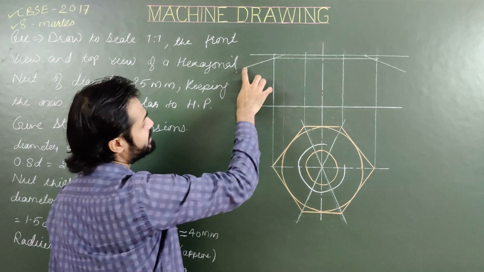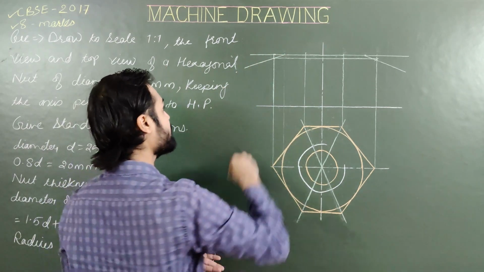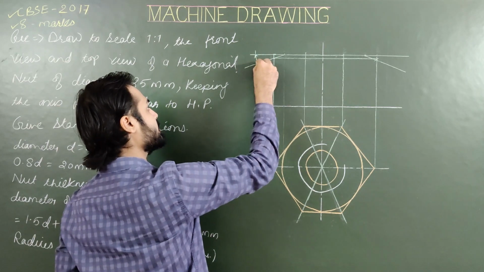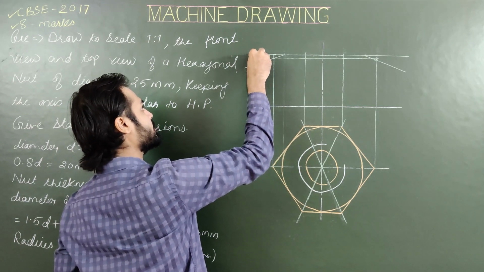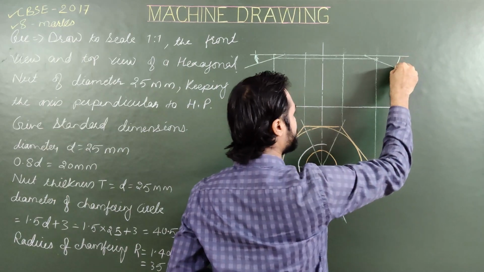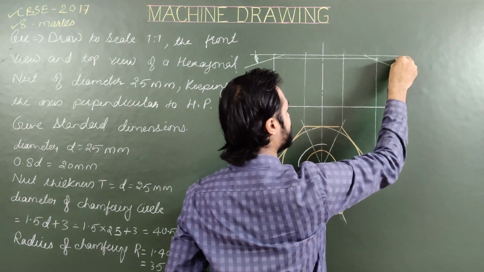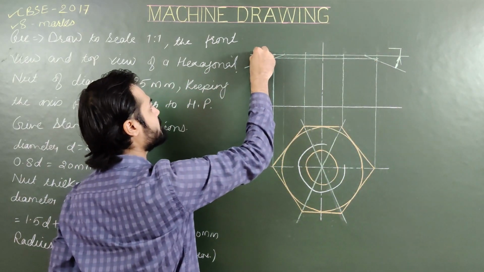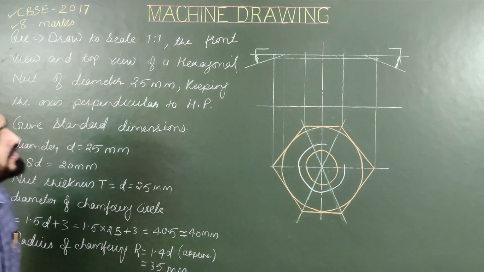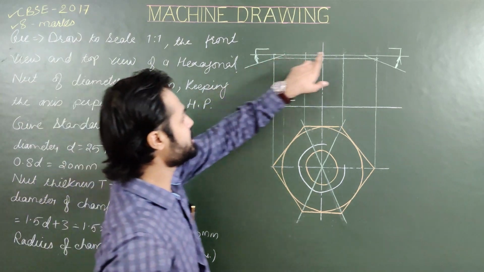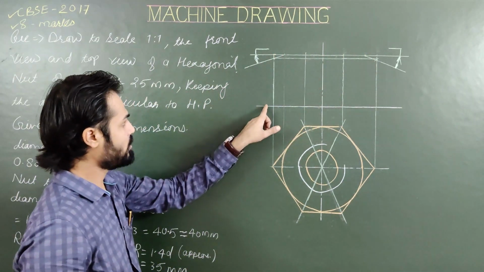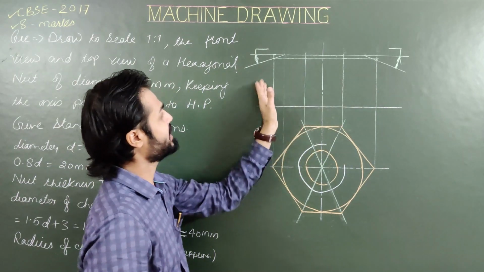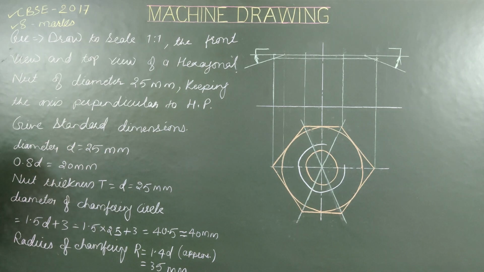Then from this point, draw another line at an angle of 30. This angle is 30. Here also, an angle of 30. Right. Get these 2 points of intersection on the vertical extreme sides of the hexagonal nut.